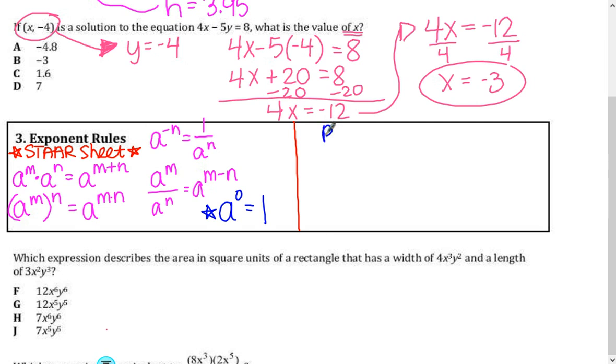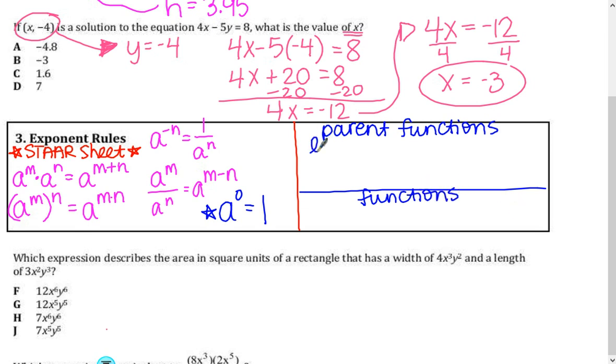A couple other things that I want to talk about real quick for your vocab homework are your parent functions, and we're also going to talk about functions. We have two parent functions. One is the linear parent function. The other is your quadratic parent function.